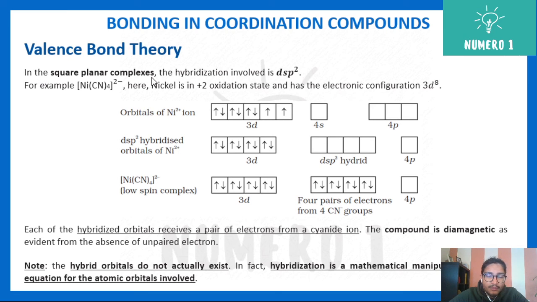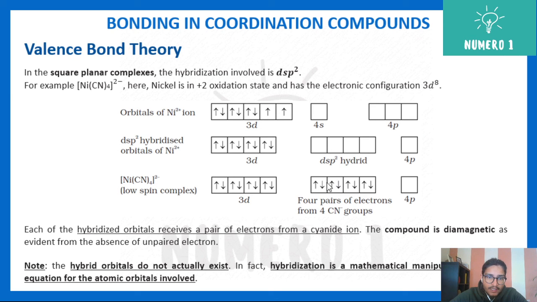Next, square planar complexes, that is dsp2 hybridization. If you take an example of Ni(CN)4 2 minus, here nickel is in the +2 oxidation state. When it makes the hybrid, it will be making a dsp2 hybrid. So this electron will pair up with this electron here. The empty 3d orbital along with 4s and two 4p orbitals will make your dsp2 hybrid, and the ligand electrons will be coming up here.